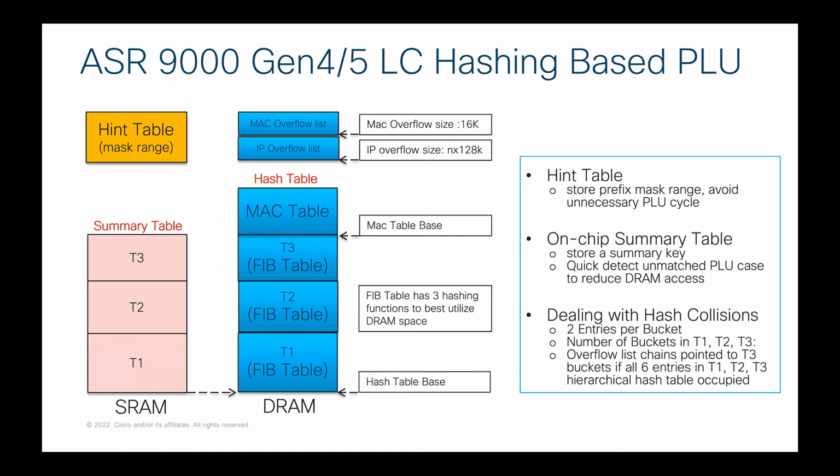And the summary table means you have the hash key and the different prefix lookups, and then you can have a very small summary table that you can store in the on-chip memory, which is the SRAM, so that you can quickly check if there is such a summary hashing entry and quickly address it in the DRAM for that lookup information, and then finish the lookup.